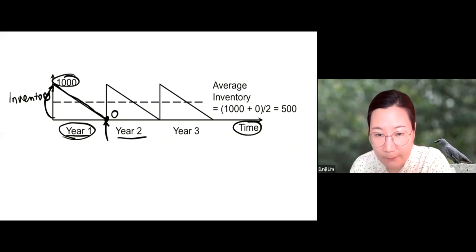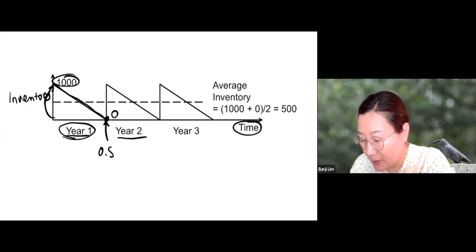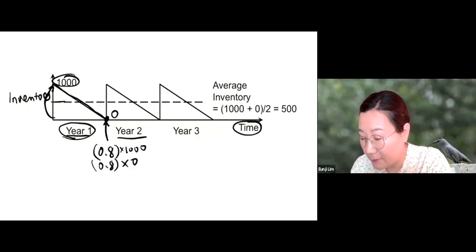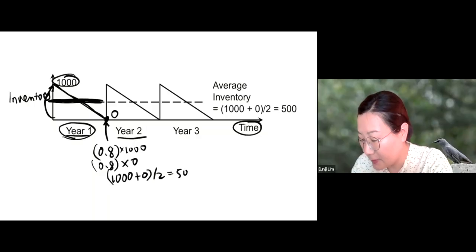Should you take 80 cents and multiply by 1,000? Or should you take 80 cents and multiply by 0? How about if we meet halfway, right? How about if we compute the average level, which is the average of 1,000 and 0, 500, and then multiply 80 cents by 500.